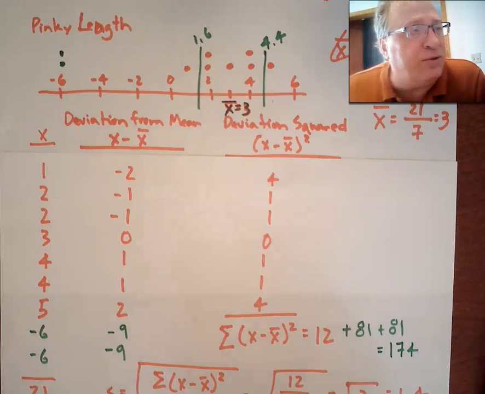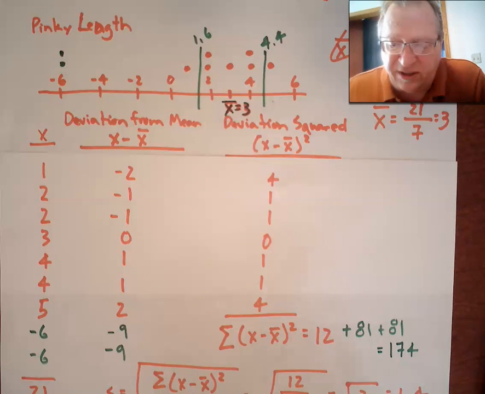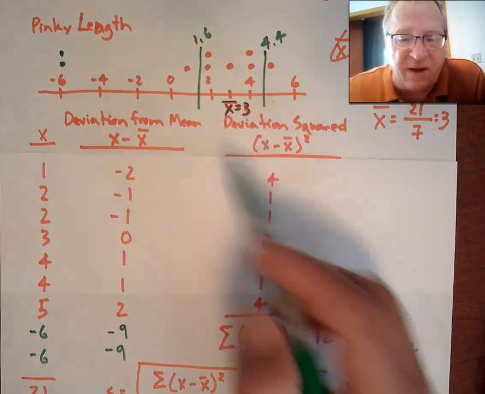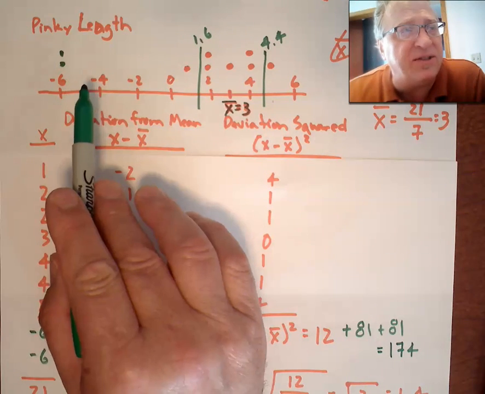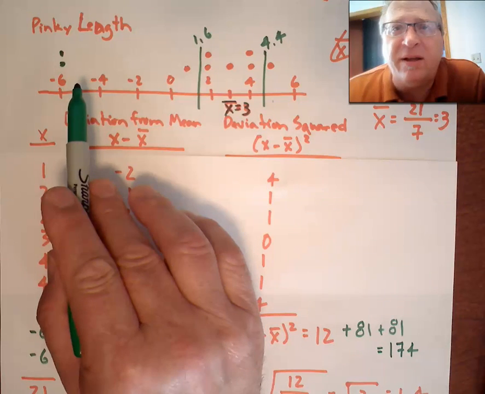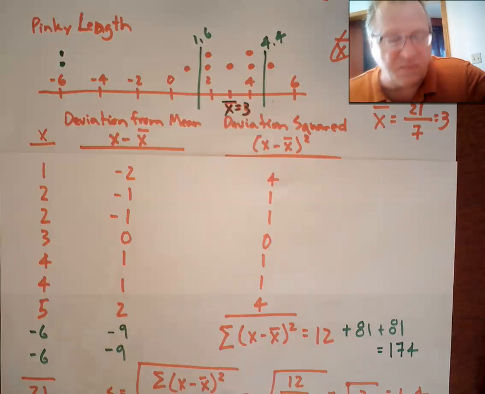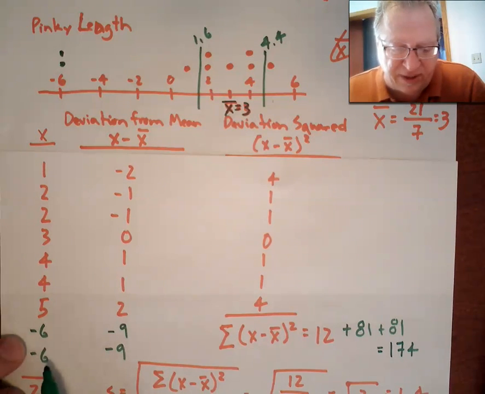Let's go back to our distribution here, and I've started to draw some figures in. I've added a couple outliers out here at -6, and I want to recalculate standard deviation. So what I've done is added my two -6s.